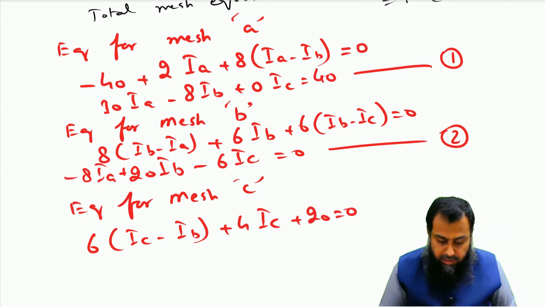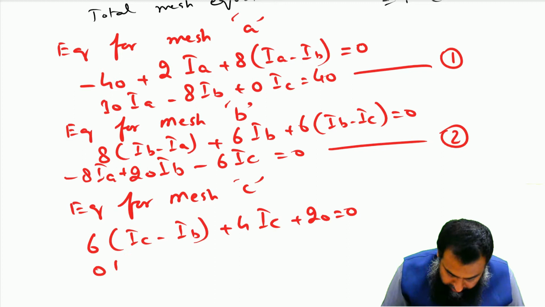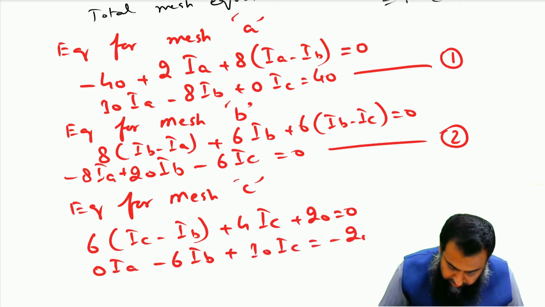If I rearrange this equation with respect to the mesh current variables, we have 0 IA minus 6 IB plus 10 IC equal to minus 20.